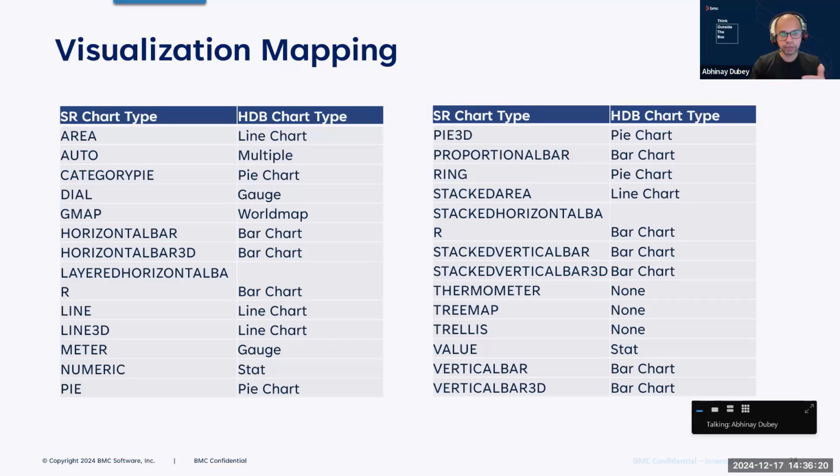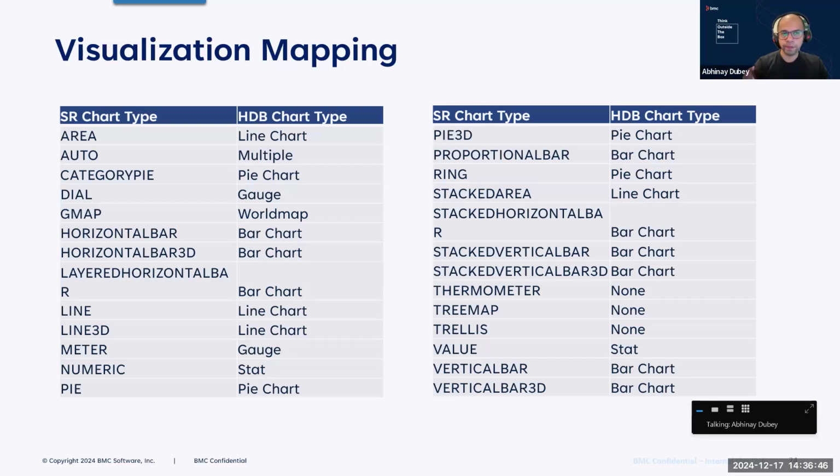It may be a little different, it may work a little different, but there would be something that represents the data in a very similar fashion. So for example, on smart reporting, you have different bar chart types, horizontal bar charts, 3D bars, then vertical, layered. Whereas on Helix dashboard, everything is termed bar chart, and then you can configure them on how they look.